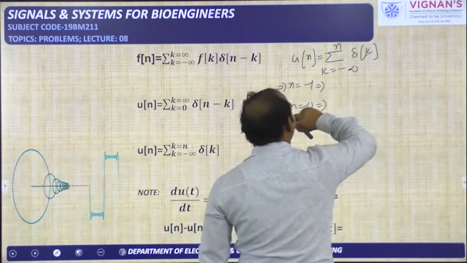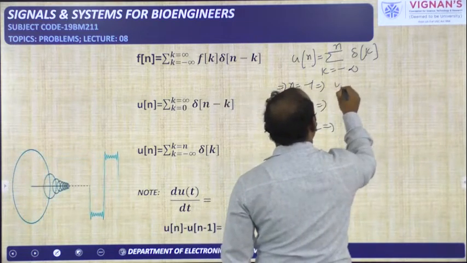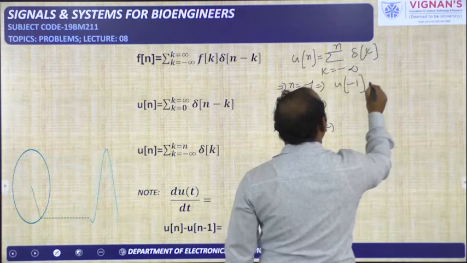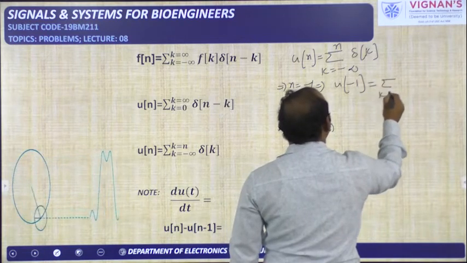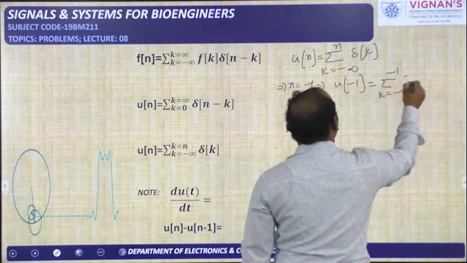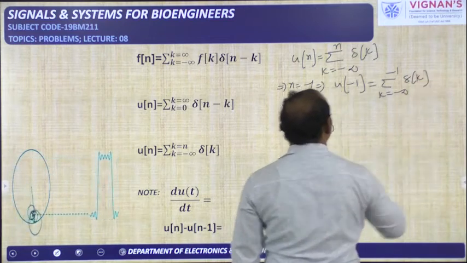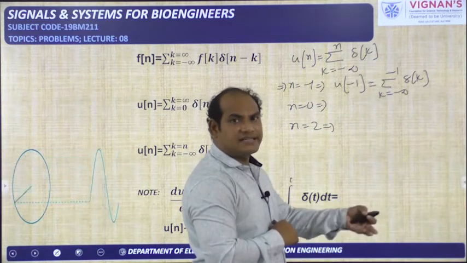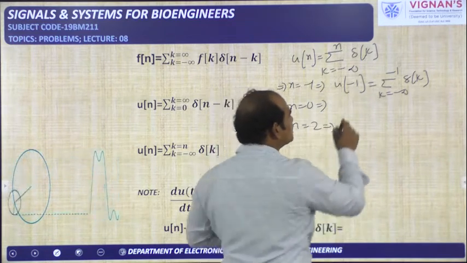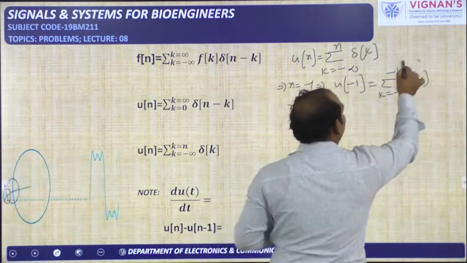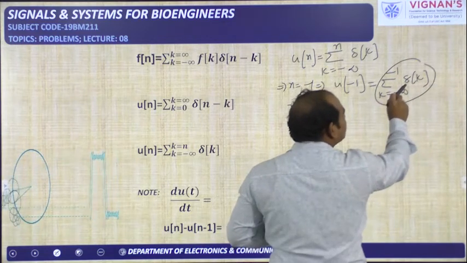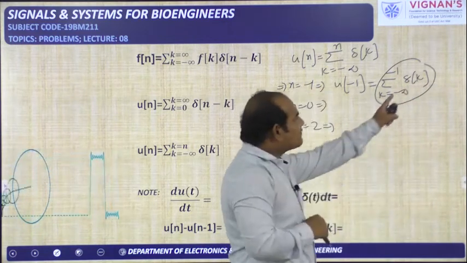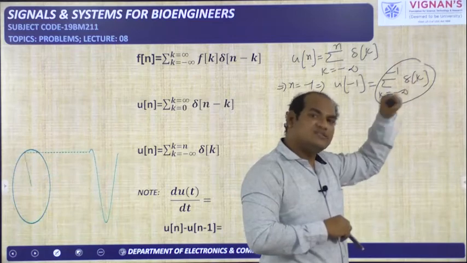For n negative, take u of minus 1, equal to sigma, k from minus infinity to minus 1, del of k. What is u of minus 1? The step signal is available on the right side, so on the left side its value is 0. So this is 0. Whether it is 0 or not, you check. The del signal, del of k, is available at k equal to 0.